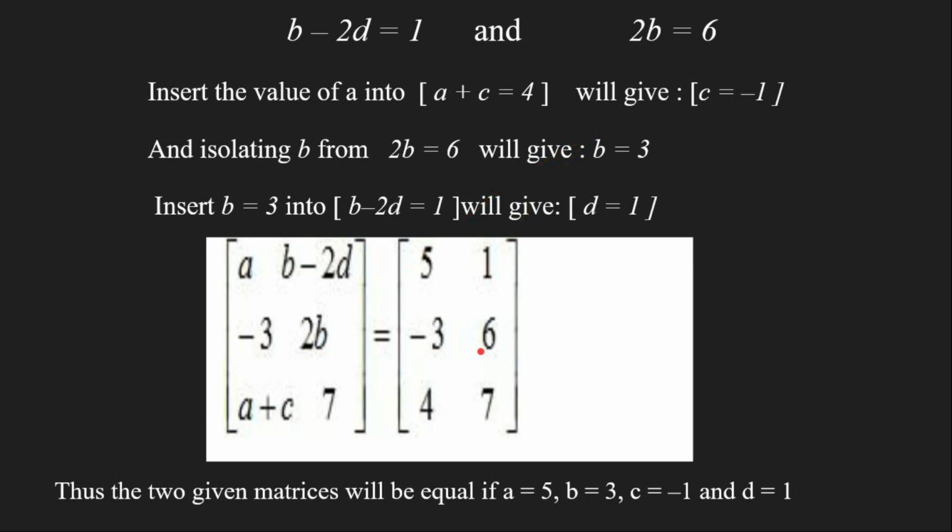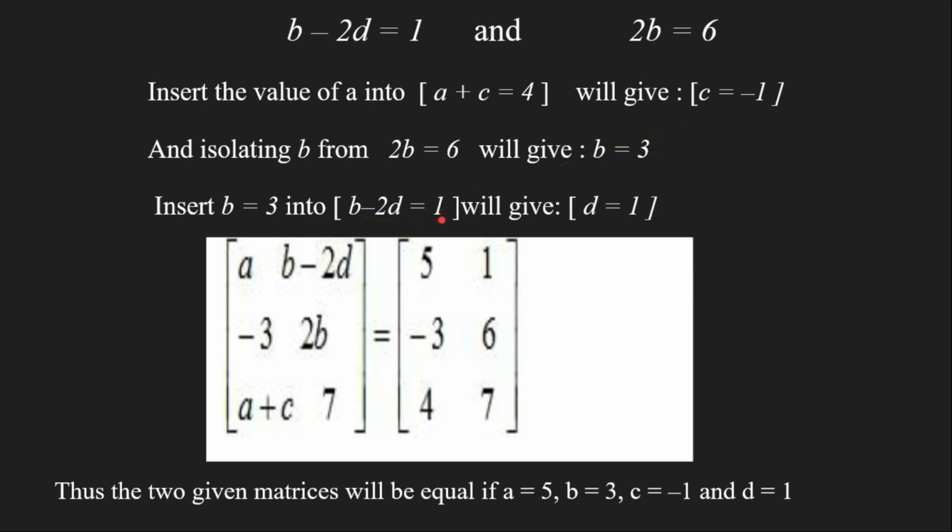So insert the values in A plus C is equal to 4, because you know that the value of A is equal to 5. Put this in this equation and you will get C is equal to minus 1. You know 2B should be equal to 6, so you get the value of B. Now you know the value of B, A and C. Now you have to find just the value of D. You know that B minus 2D should be equal to 1, because corresponding elements should be the same.